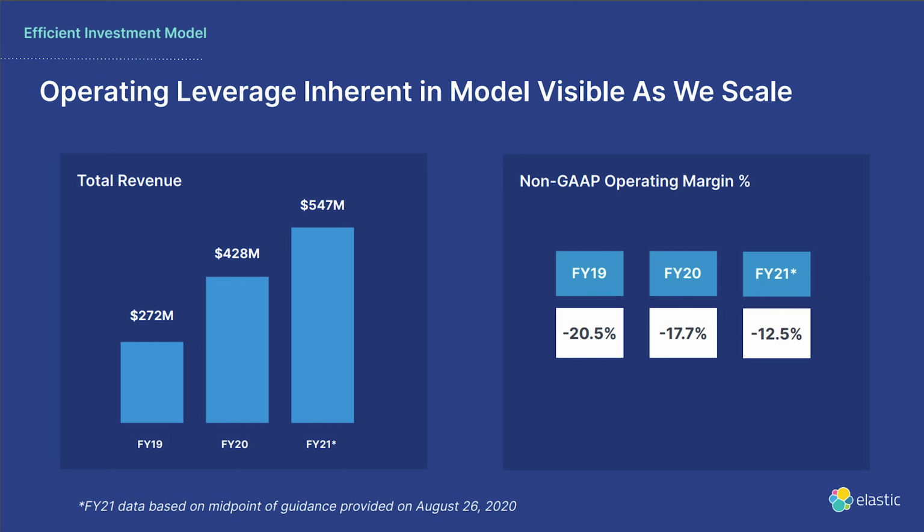So the total revenue in 2019 was about $272 million. In 2020, it was about $428 million. And in fiscal year 2021, they're forecasting about $547 million. So they are seeing a slowing of their growth rate. However, it still is pretty impressive as it is over 40%.